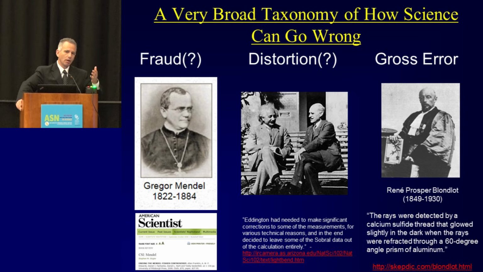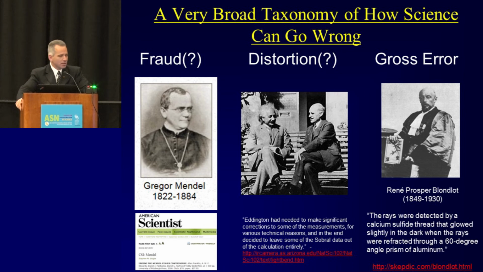Moreover, the second law of independent assortment specifies that genes sort independently, and he was able to show that this was the case, which of course would not be the case if the genes were linked. So he had been studying 7 unlinked genes. The probability of, by chance, getting 7 unlinked genes in a genome the size of the pea genome is effectively 0. So clearly Mendel was playing with the data a little bit.